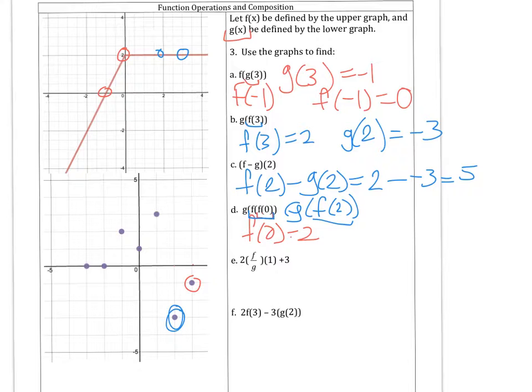So f of 2 we already found out was 2. Nice. And now g of f of 2 is the same as g of 2. So g of 2 is equal to negative 3.